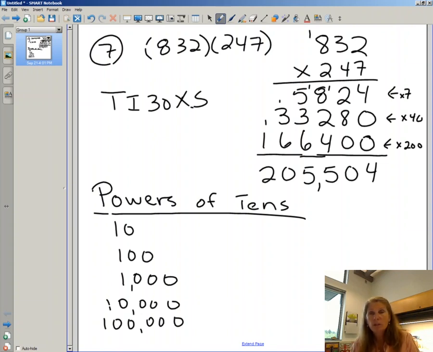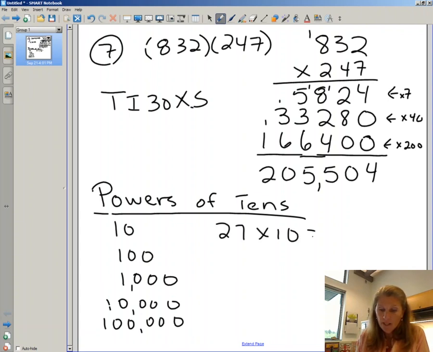And multiplying by powers of 10 is really easy. And so it's nice to have some shortcuts, right? So if I have something like 27 times 10, all I have to do is put my 27 and add the number of zeros to the end that I had for my power of 10. I have 1 zero, so 27 times 10 is 270.